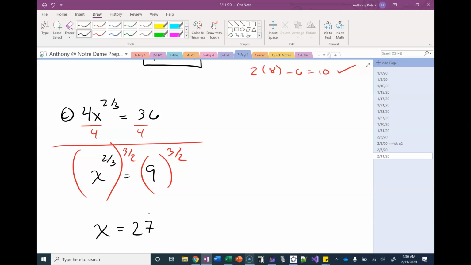Now, do I need to check this answer? Well, in the original problem, this is an odd root, so we don't need to check this, but we did make another mistake here somewhere. Does anybody see what the mistake is?